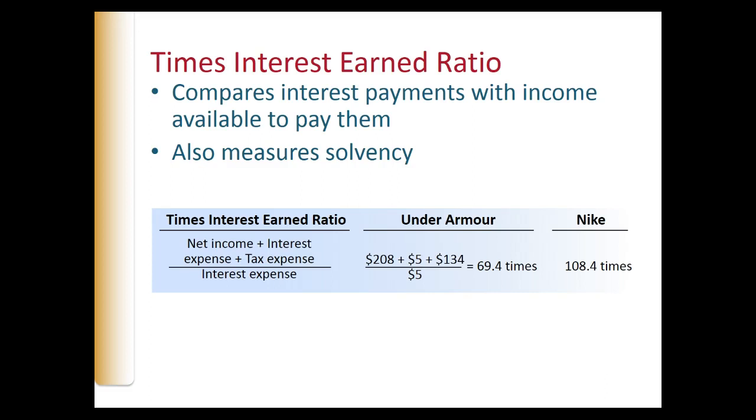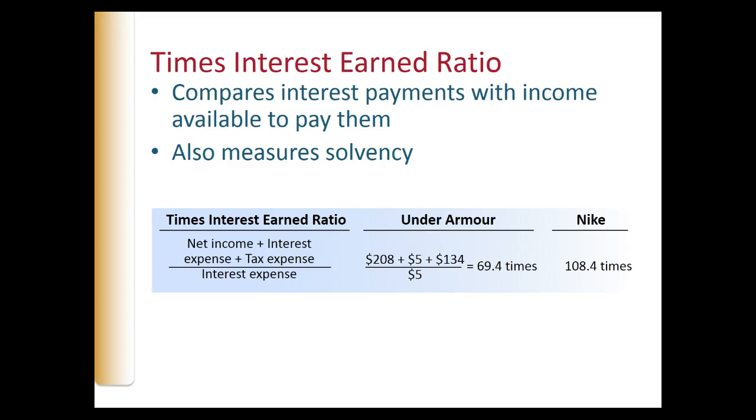To get this amount, we just add interest expense and tax expense back to net income. We use net income before interest expense and income taxes as a reliable indicator of the amount available to pay interest. So this slide shows the times interest earned ratio for Under Armour and Nike.